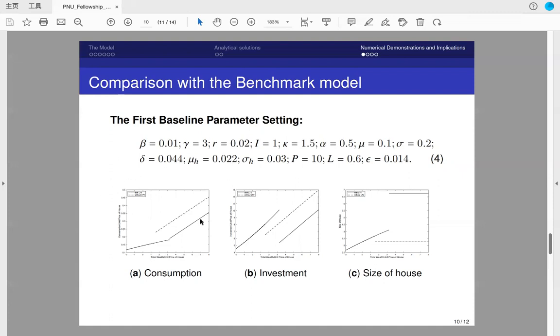So according to the results, we can see an agent who has an opportunity to borrow money from a bank will purchase a larger house and delay the time to buy a house. At the same time, the consumption and the investment will rise compared with an agent who doesn't have an opportunity to borrow money from a bank.